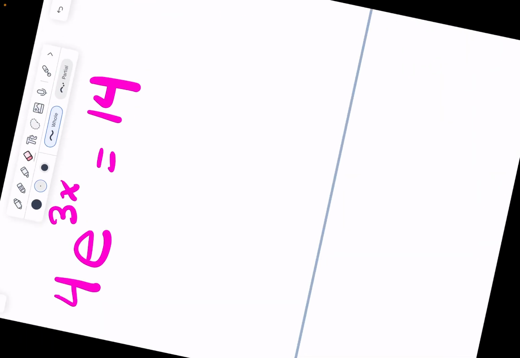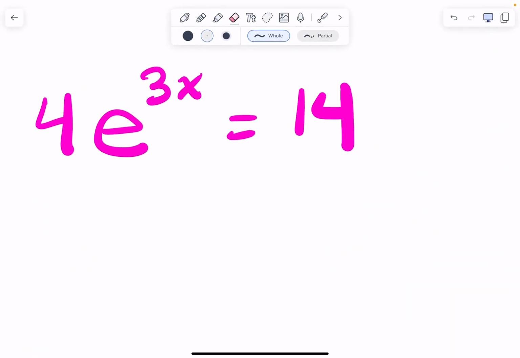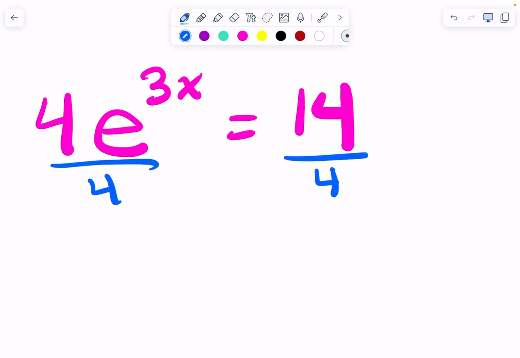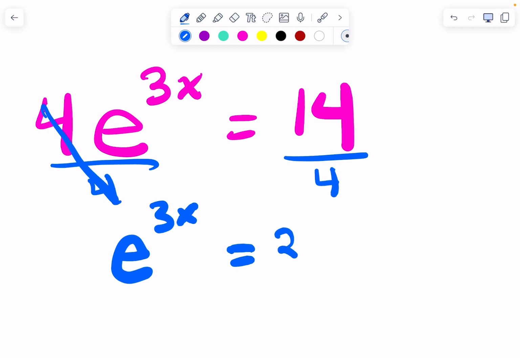Did you get an answer? Perfect. Carson, are you working on this one? What do you do first? Divide by 4. Algebra says we divide by 4 first. I've got to get the e by itself. There's people that are watching this because they're lost. Here you go. e to the 3x equals 14 divided by 4 is 3.5.